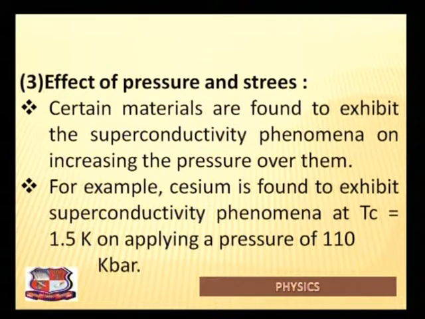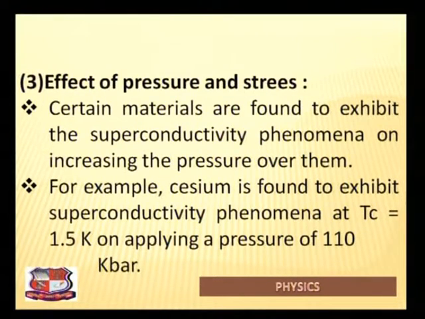The third property of superconducting materials is the effect of pressure and stress. Certain materials in the periodic table are found to exhibit superconductivity when pressure or stress is increased.